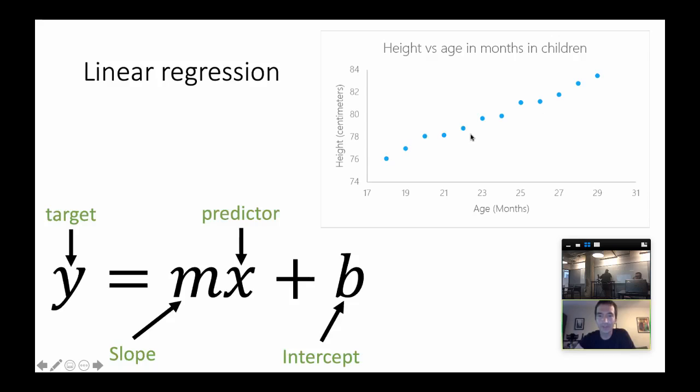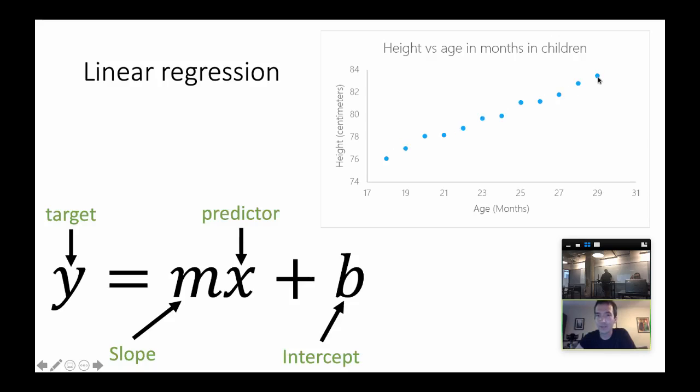By the way, who can quickly estimate the slope here? Or tell me how you would estimate the slope. It looks like it goes up by about 2 centimeters every 2 months, or maybe every 3 months. Over what span of time? Overall, the slope is roughly constant.